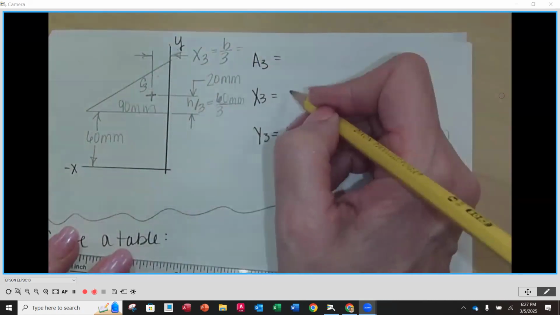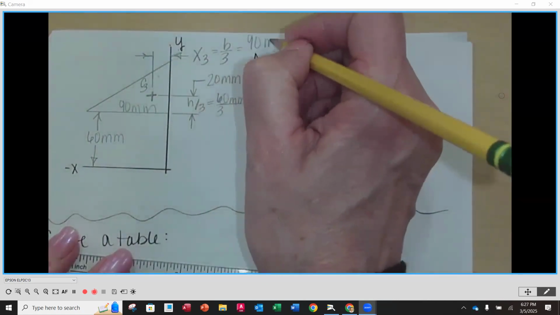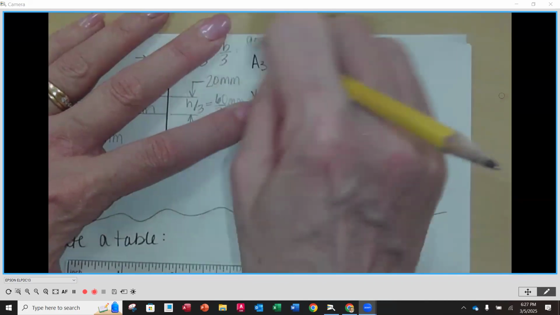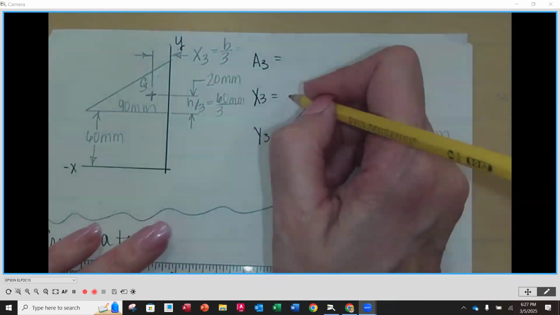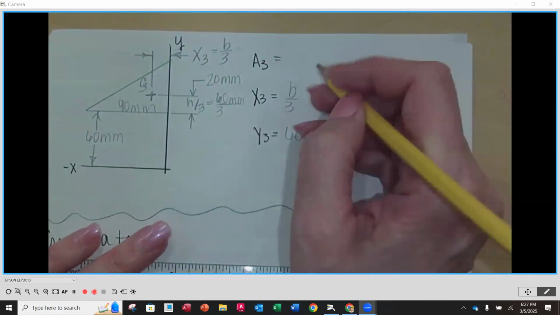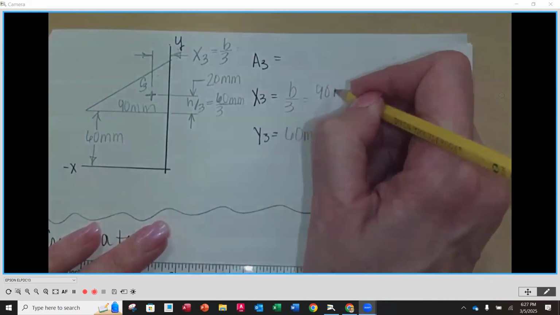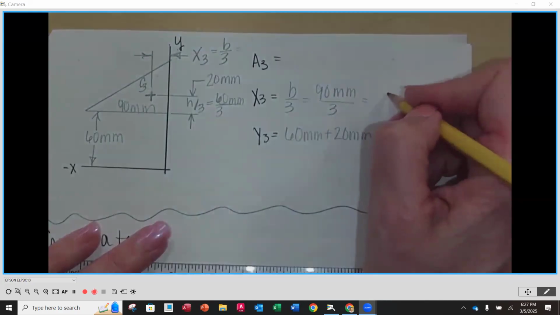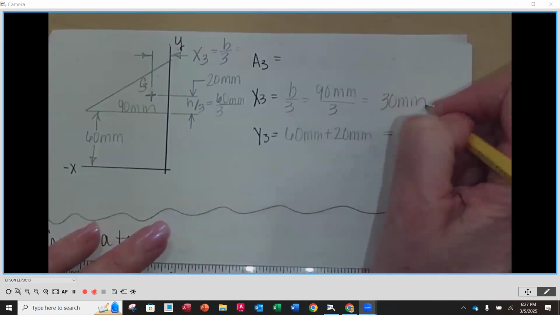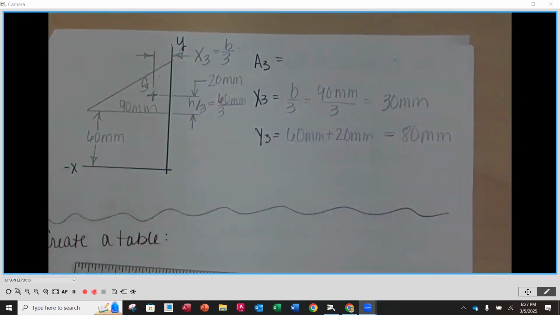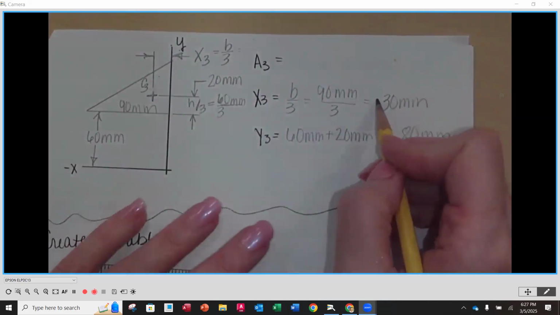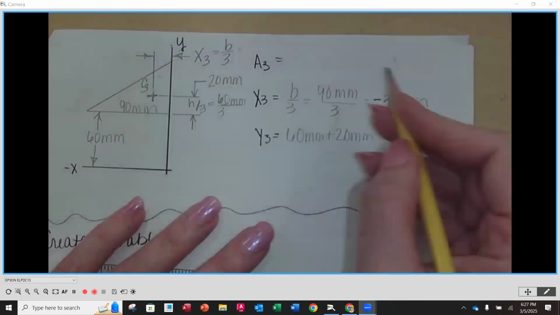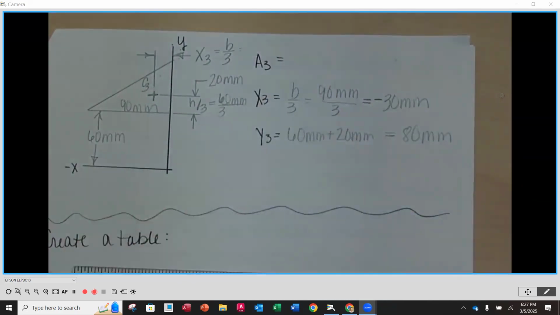Oh, I don't have room there. I'm going to have to put it by the X. So base divided by 3 is equal to 90 millimeters divided by 3. It's kind of easy, right? 30 millimeters. But am I forgetting something? Negative, Tyler says, because it's on the left-hand side of the y-axis. So don't forget your negative here for the X3.